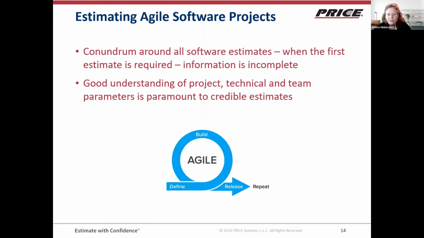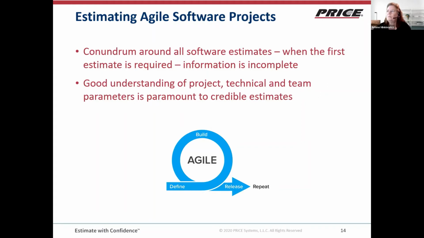There's a lot of uncertainty. It's uncertain what the end deliverable is going to be. It's uncertain what specific features are part of the MVP, the minimum viable product, sorry. And there's also information that's incomplete about what team is going to work on this, what resources are going to be available.